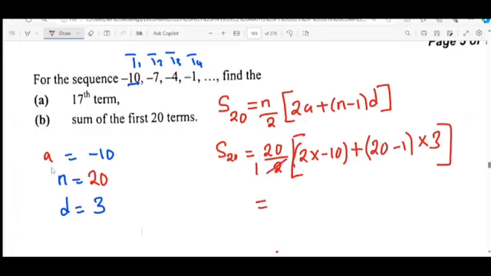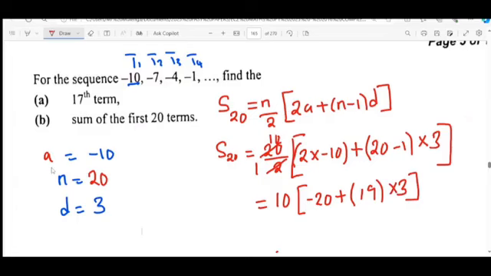2 into 20 is 10, so I have a 10 right here. So 2 times -10 gives us -20, plus, open bracket, 20 minus 1, which gives us 19, then times 3.